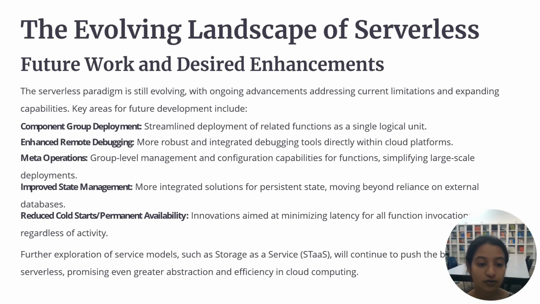Maybe you can go for enhanced remote debugging, which can be useful in debugging the issues that we face in the serverless computing environment, where we need to debug multiple things, find a solution, and implement that. So this can be useful, and there are many other ways where we can improve our production.